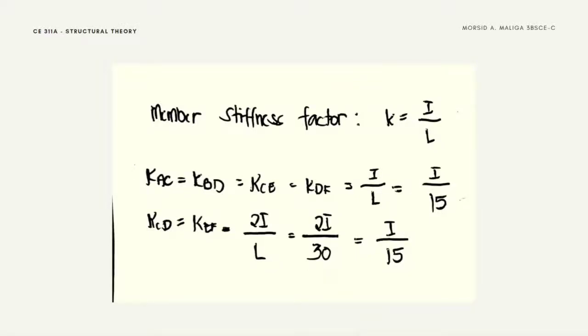So we are going to use the formula I over L is equal to I over 15. Also, same din yung stiffness factor ng ating members CD and EF, which is equal to 2I over L, which is 2I over 30, also equal to I over 15.